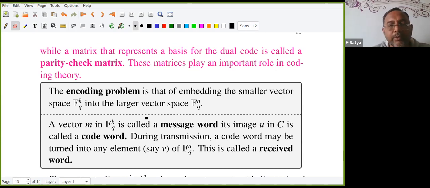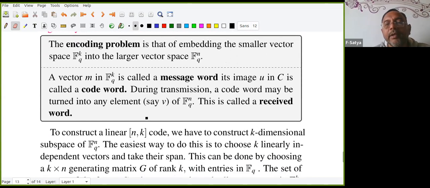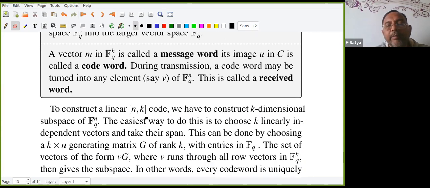So the encoding problem is embedding the small vector space F_q^k into the large vector space F_q^n. A vector m is called a message word. Its image u in C is called a code word.